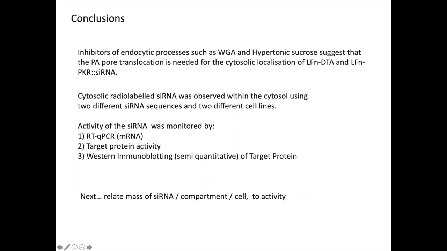Cytosolic radiolabeled siRNA was observed within the cytosol using 2 different RNA sequences and 2 different cell lines, and we could monitor associated siRNA activity via RT-qPCR, via looking at target protein activity and also Western immunoblotting. Next will be to take all of these numbers and relate mass of siRNA per compartment per cell to activity. And that's a story for another day.